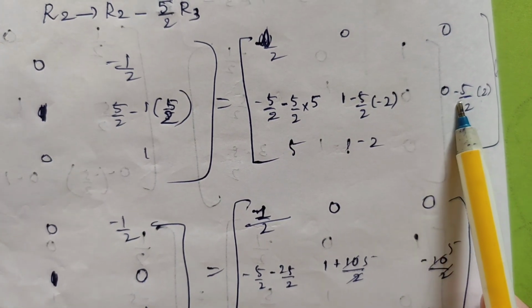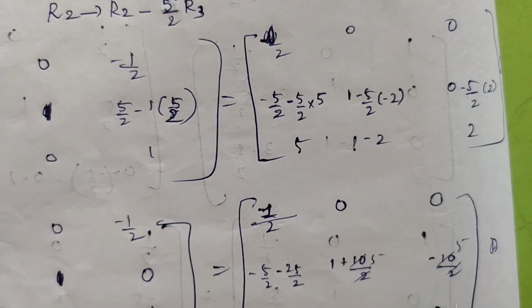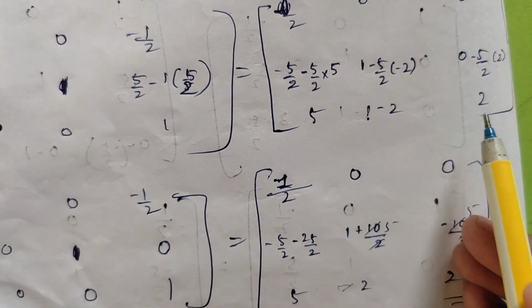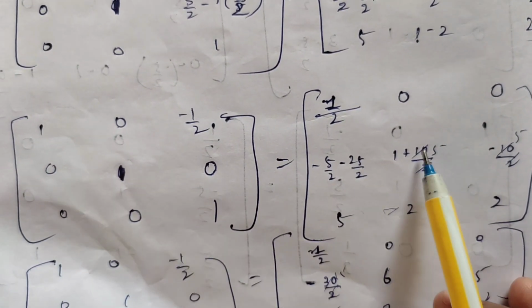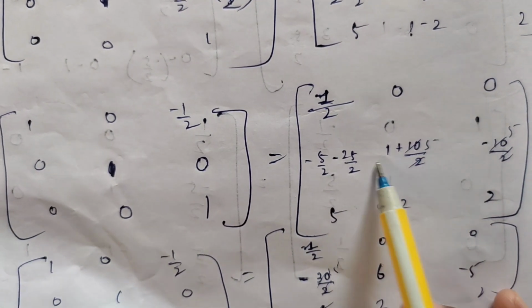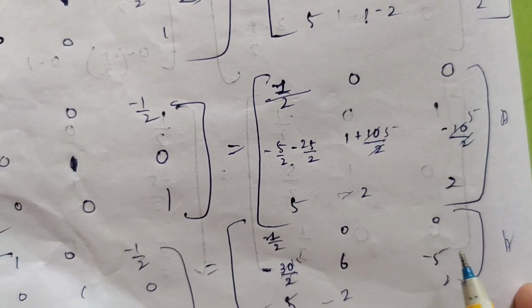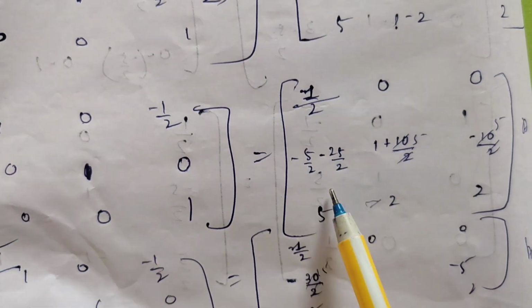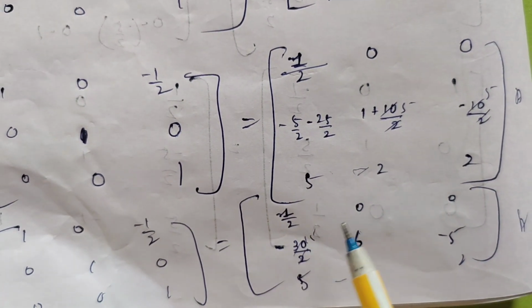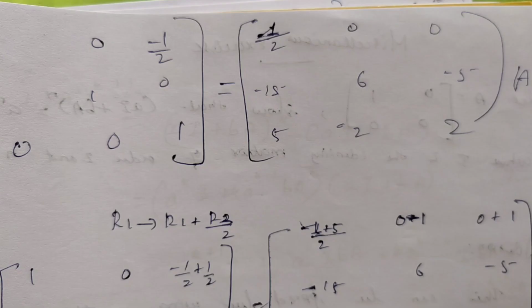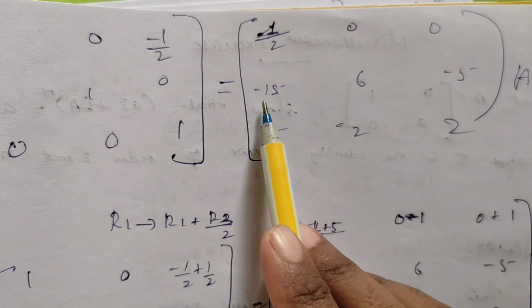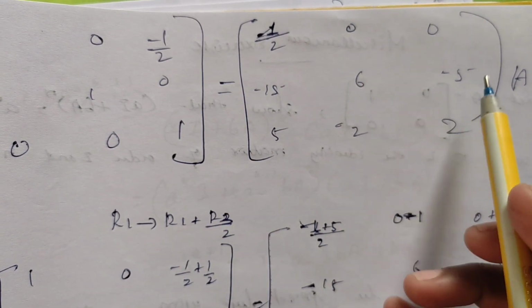Next 0 minus 2 gets cancelled, 5. So on simplification, 10 by 2 is 5, 1 plus 5, 6. Here minus 10 by 5, it is minus 5. Minus 30 by 2, that is minus 15. Now our row 2 will be minus 15, 6, minus 5.